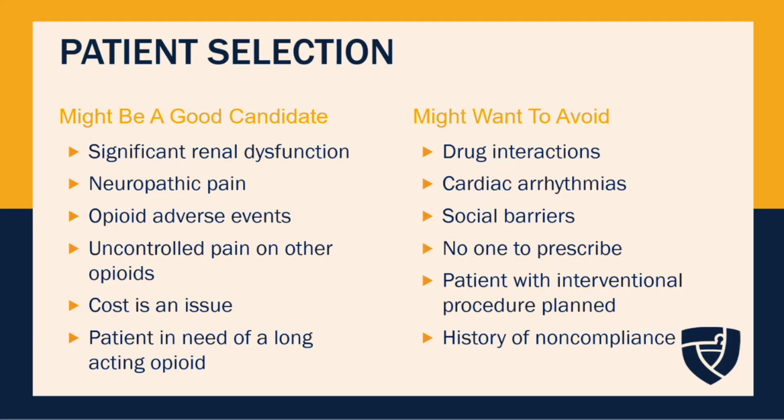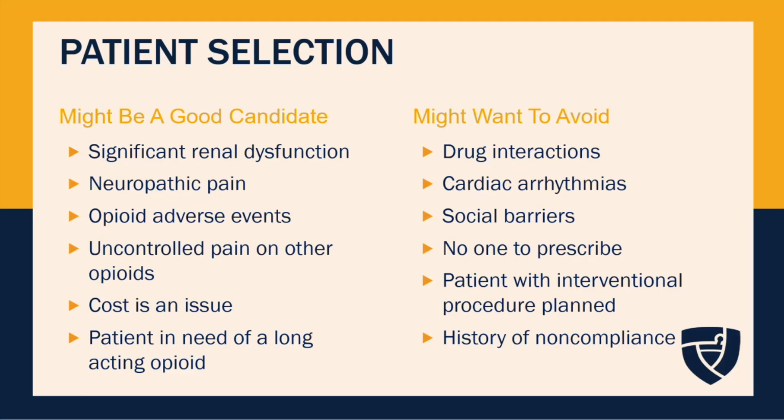Again, we might be able to deal with opioid hyperalgesia, which may be occurring in these patients. If cost is an issue, methadone is available generically in multiple different formulations. Need of a long-acting opiate. So we have a cheap medication that can be used for chronic pain. It could be used in any patient that fits that criteria.